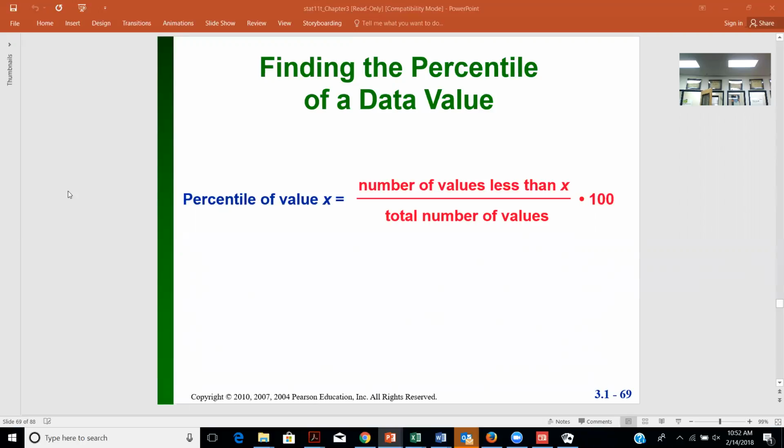Mid-range is going to be halfway between these two, and our median is going to be somewhere past the peak. So our skewed data sets are a little different thing to deal with. However, what we're doing when we calculate a standard deviation is we're looking at all of the data points.